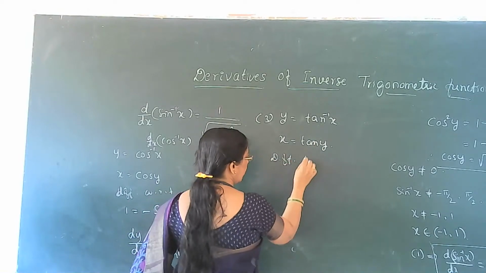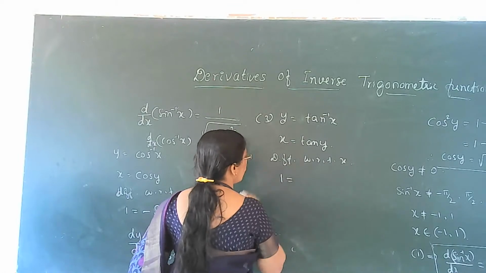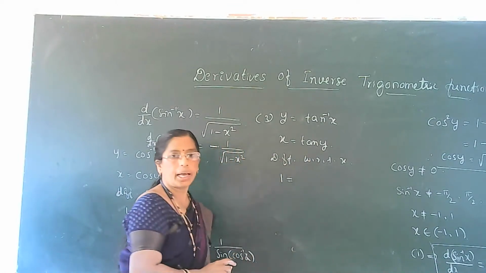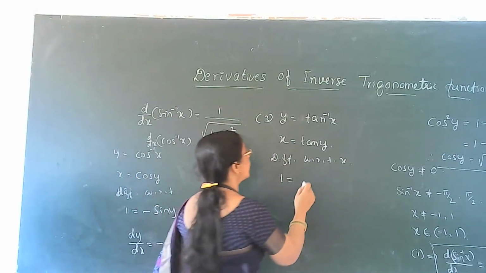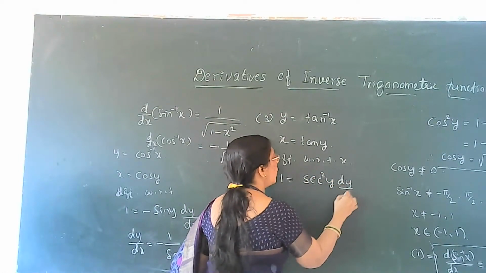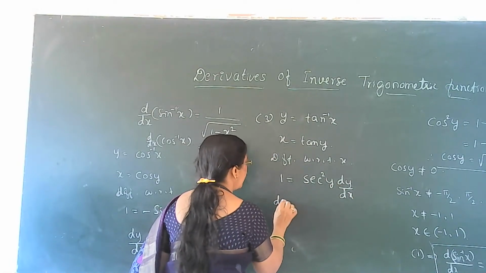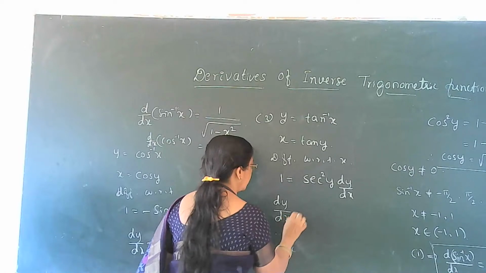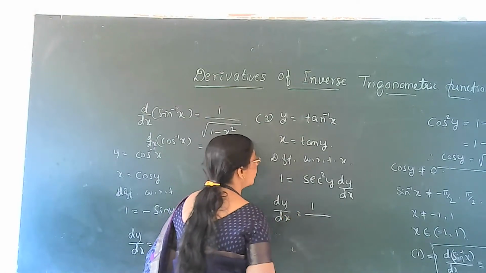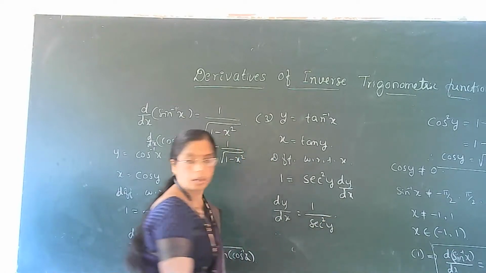Differentiating both sides with respect to x, 1 is equal to the derivative of tan y, which is secant square y into dy by dx. Then dy by dx is equal to 1 divided by secant square y.